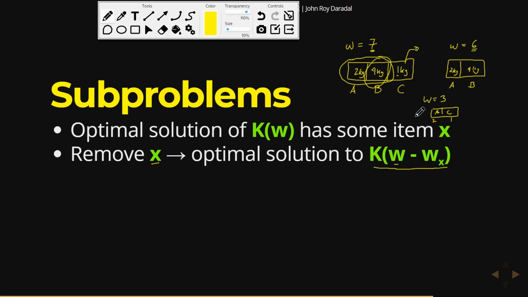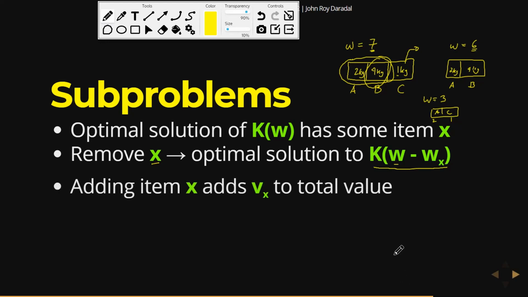That is the property of dynamic programming subproblems: it has optimal substructure, wherein the smaller subproblems contribute to the solution of the bigger subproblems. Now, once we have removed it, adding the item X back should give us the total value. So for example, from 2 kilos and 4 kilos of A and B, this is for weight 6.